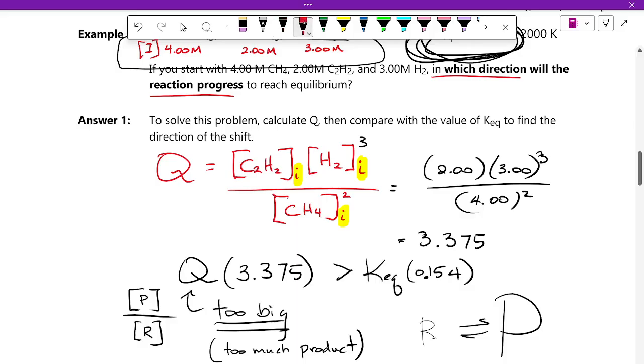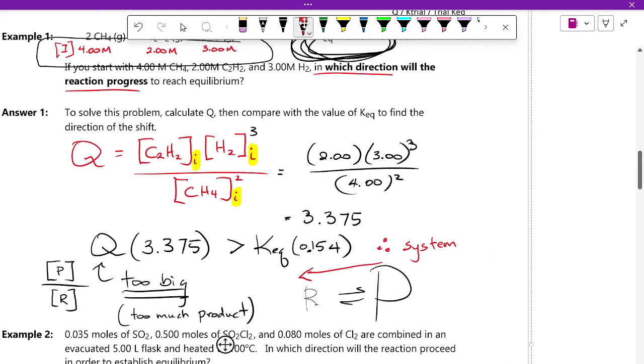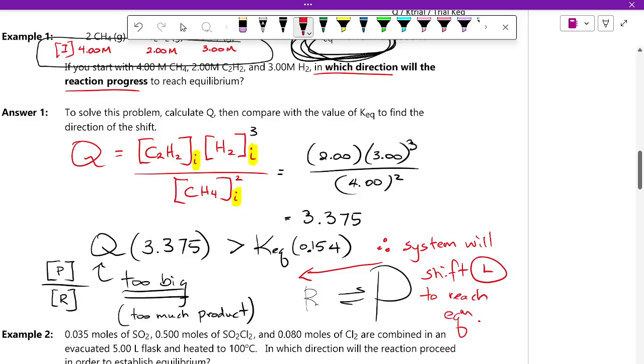That means I'm going to need to shift to the left. The system will shift left to reach equilibrium.